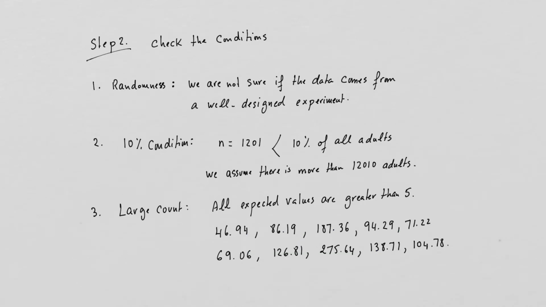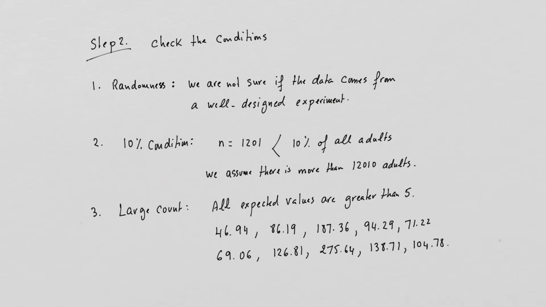To be sure, I have to make a statement that we're not sure if the data comes from a well-designed experiment. We have no idea how the sample was obtained, and therefore we shall proceed with caution. You don't want to stop and say, okay, I'm not going to use the chi-square test. You just need to make a statement like this one and proceed with caution.